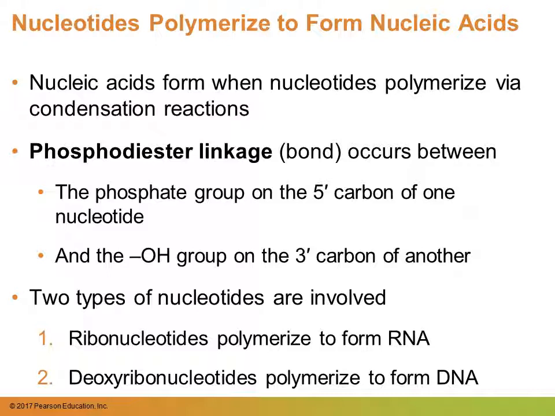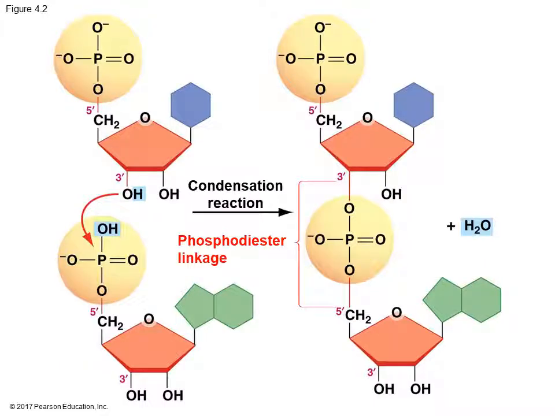It says here that 2 types of nucleotides are involved. So remember, ribonucleotides for RNA and deoxyribonucleotides for DNA. I love this diagram, figure 4.2, and what it shows is that between one phosphate group and a sugar we're going to have a condensation reaction.